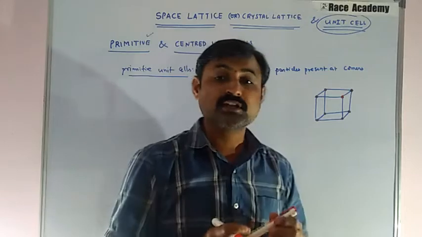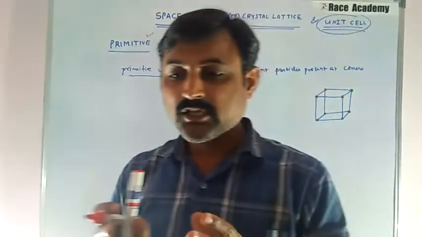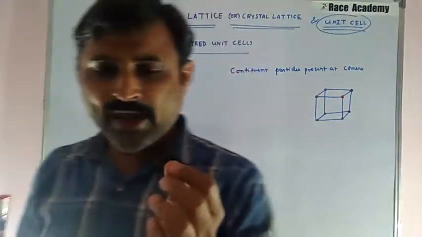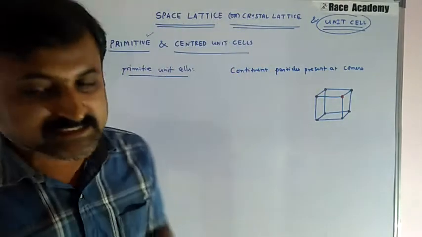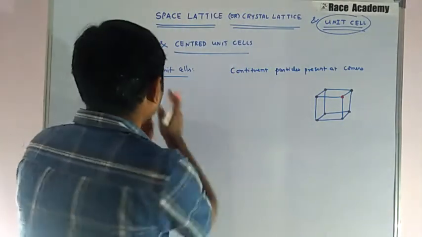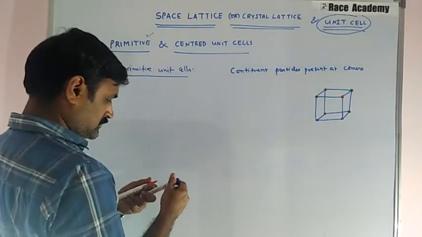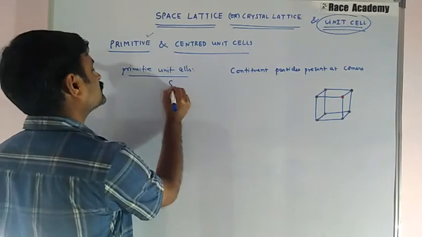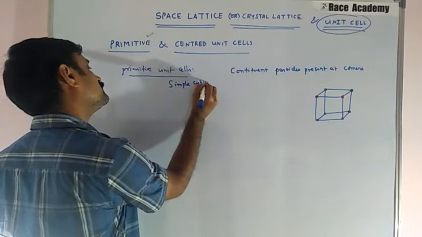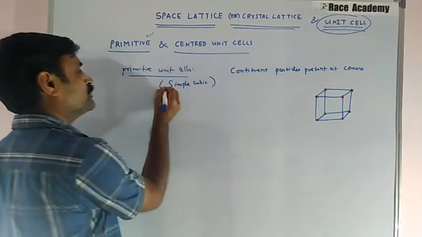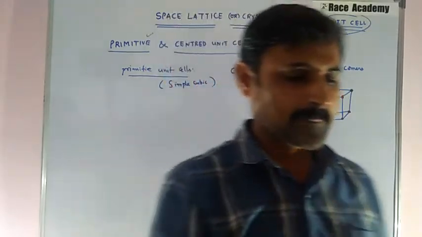What is a primitive unit cell? A primitive unit cell is one where the lattice points or particles are present only at the corners, which is called a primitive unit cell, or simple cubic unit cell.